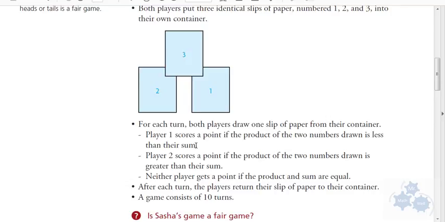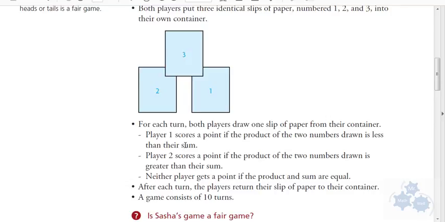Player 1 scores a point if the product of the 2 numbers is less than the sum. Okay? Player 2 scores a point if the product of the 2 numbers is greater than the sum. So if the product is greater, then player 2 gets a point. If the sum is greater, player 1 gets a point.